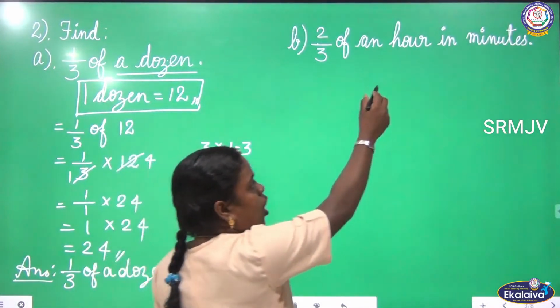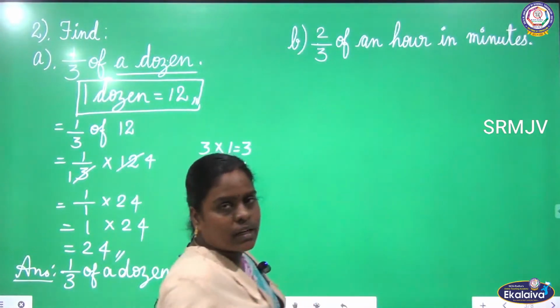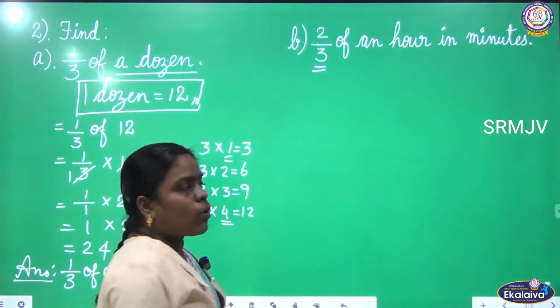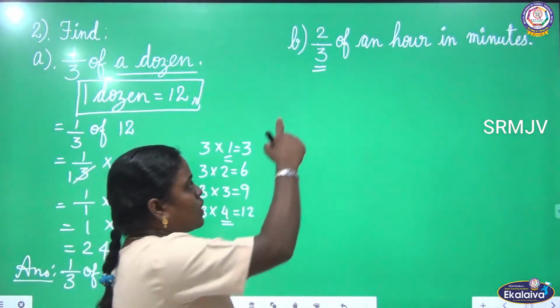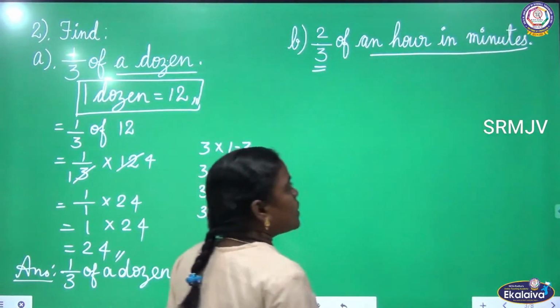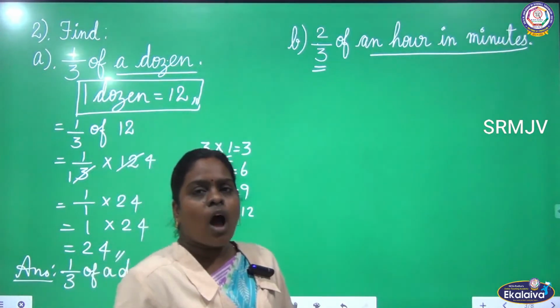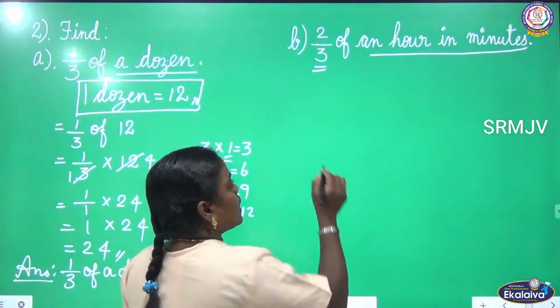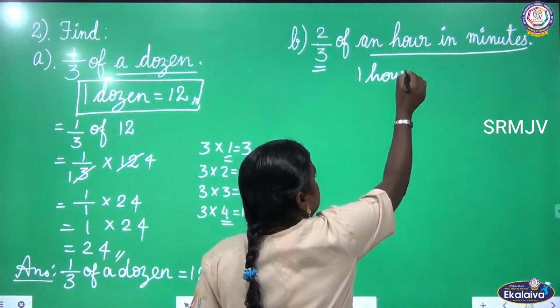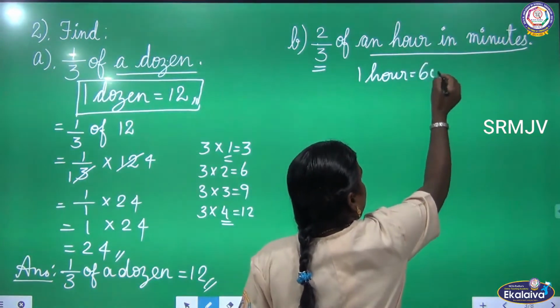2 by 3 of an hour in minutes. So here fraction is given 2 by 3. And what about the whole number? Look at the words an hour in minutes. We know that how many minutes are there in an hour? Yes, 1 hour equals 60 minutes.